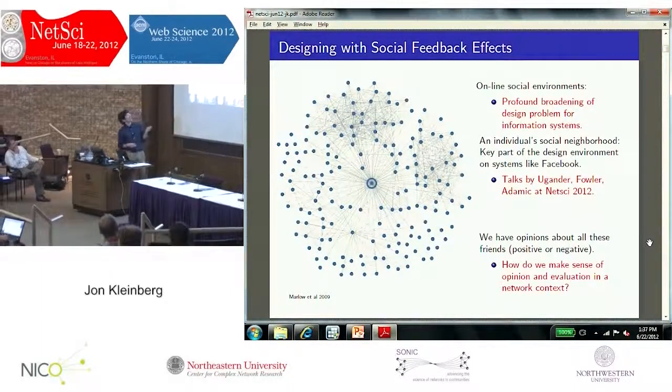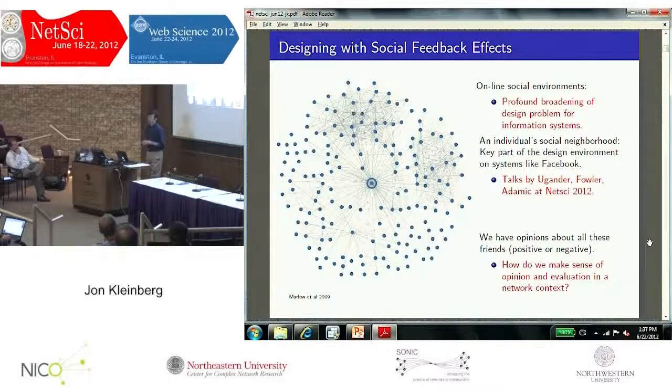We see it has these characteristic structures in joint work that Johan and I did with Lars Backstrom and Cameron Marlowe, for example, thinking about the different lobes in the social network: the lobe of coworkers, the lobe of old friends from grad school. Counting those lobes, the number of different ways you're plugged into the world, is a means of quantifying engagement. So that's a basic framework we can think about.